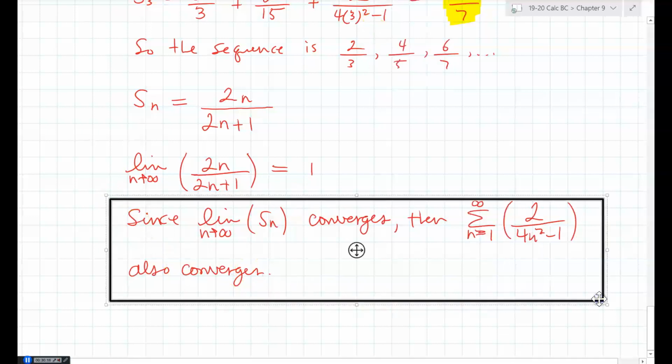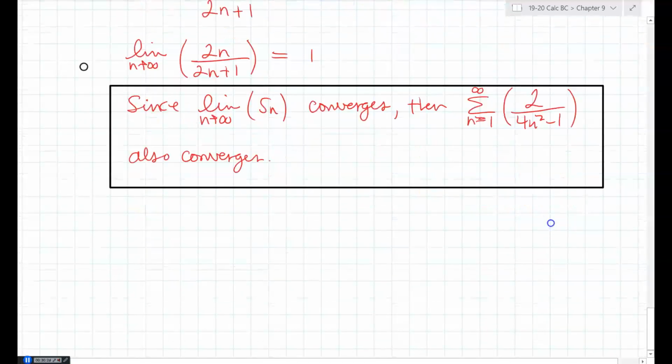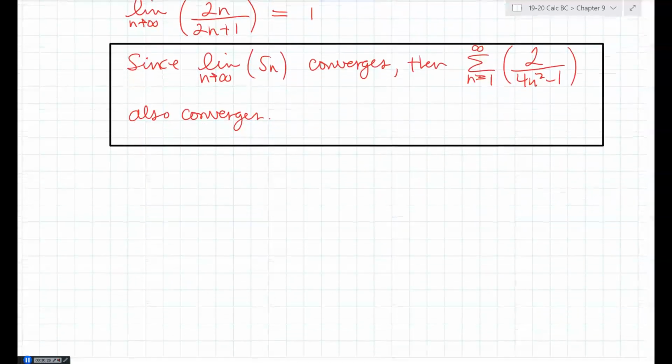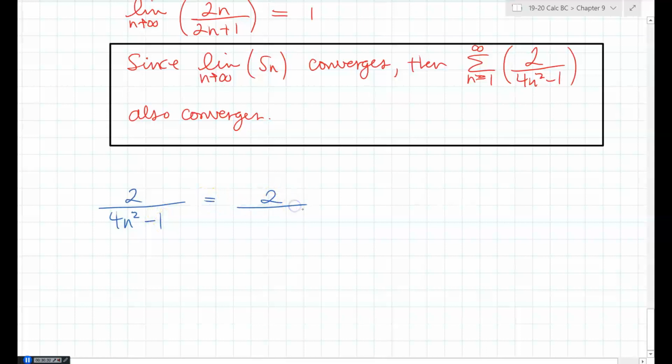Now, as you're writing this down, the reason why I waited to do this example after I defined telescoping sums is because of the following. 2 over 4n squared minus 1 could actually be rewritten as 2 over (2n minus 1)(2n plus 1), which you could have said was the same as this.